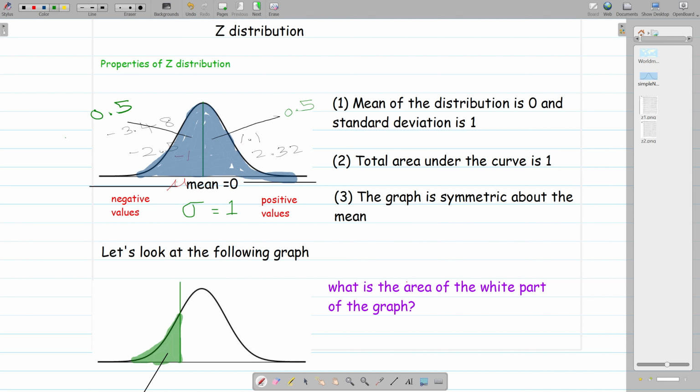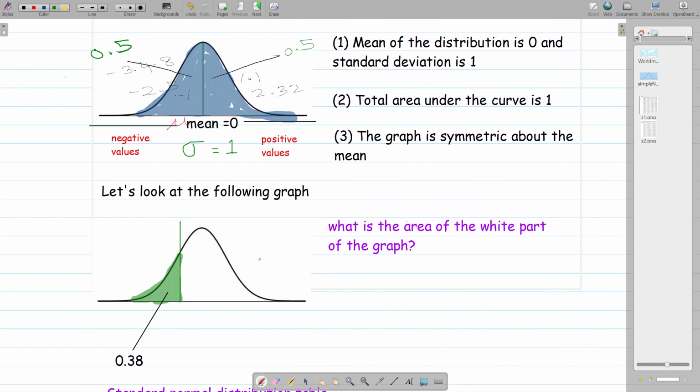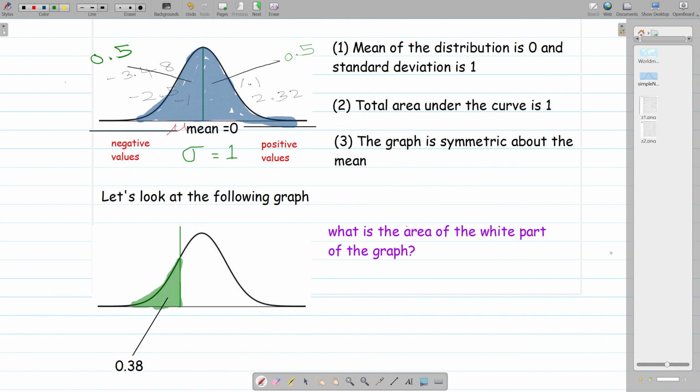Let's look at the following graph. The question is, what is the area of the white part of the graph, or the uncolored area? How can we find that? We have only been given the green colored area, with its area denoted as 0.38. Now what do we know?